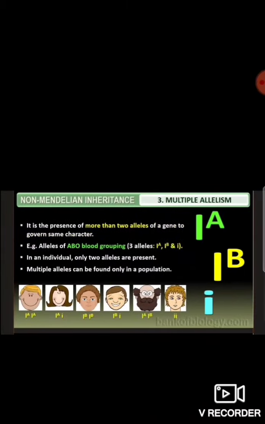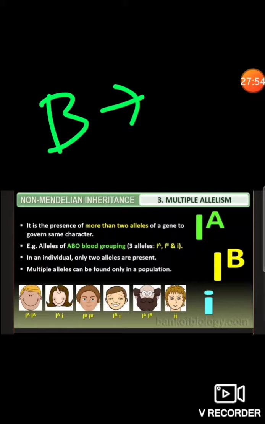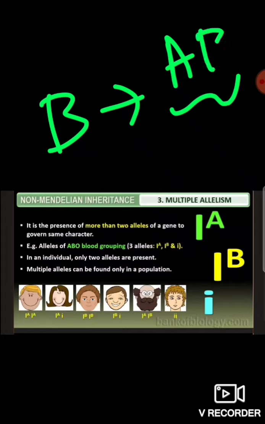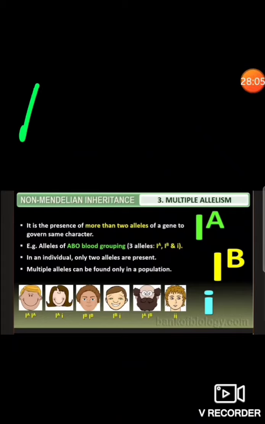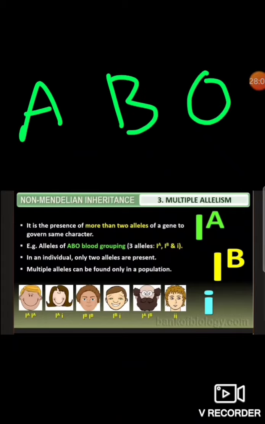So I repeat, the difference between multiple allelism and polygenic inheritance: multiple allelism is for one character. For one character there should be one gene. Here, blood group is one character, so it should be produced by one gene having 2 alleles. But when you consider a population, you can observe A blood group, B blood group and O blood group, controlled by IA, IB and i alleles.